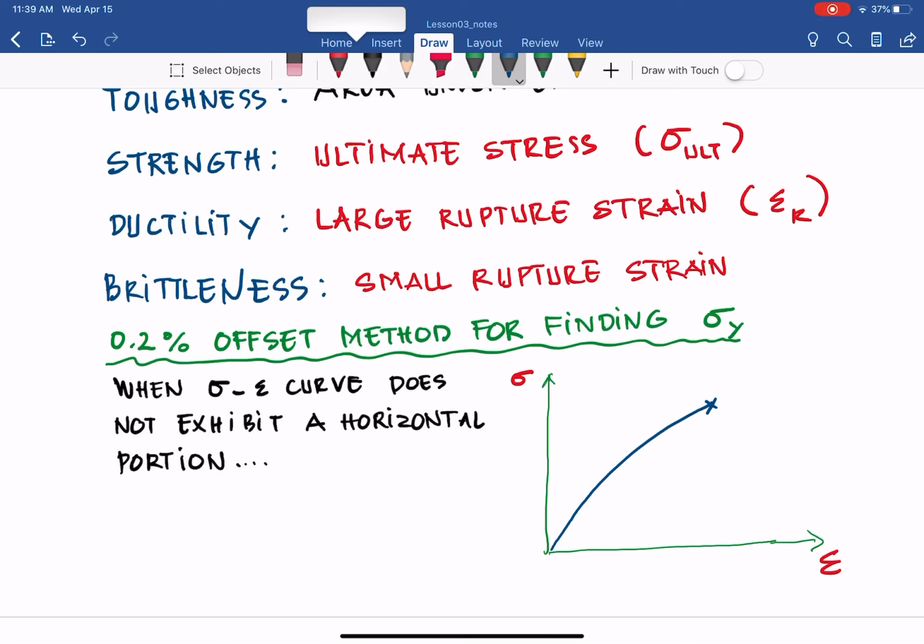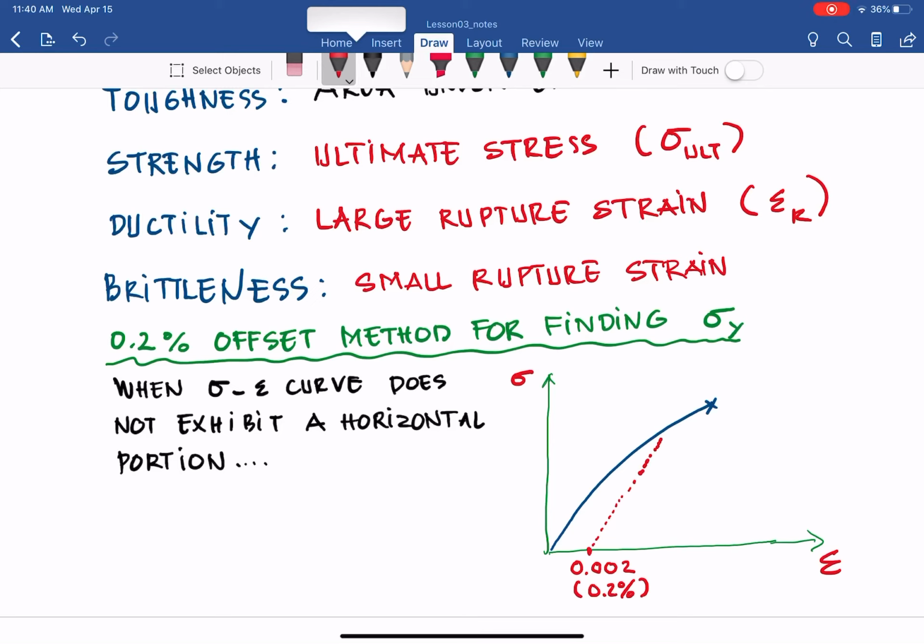It's based on the 0.2% offset limit. It means you take epsilon at 0.2%, which is 0.002 strain, and draw a line parallel to the proportional line of that curve, the linear portion.